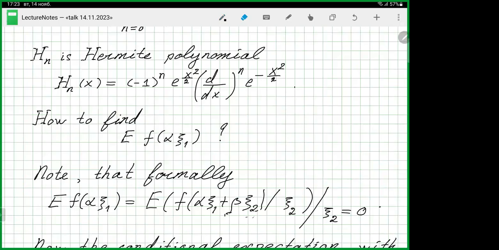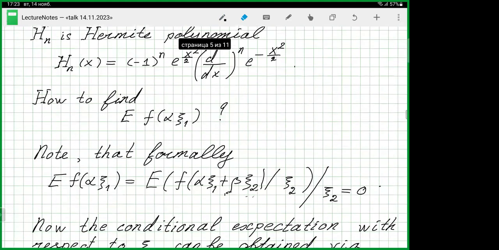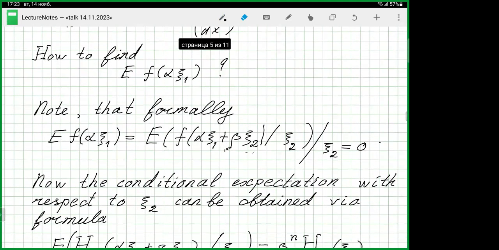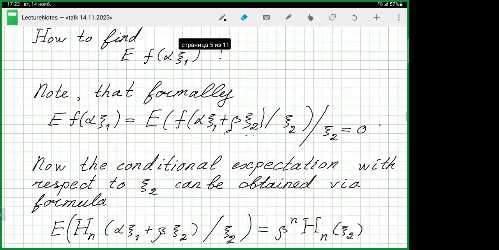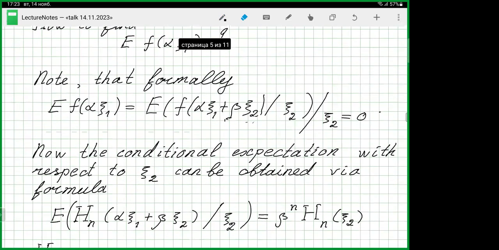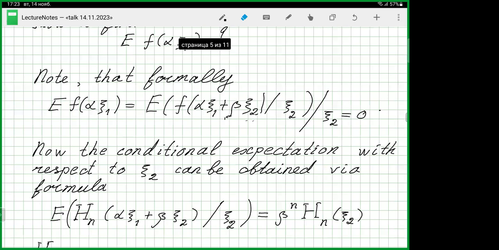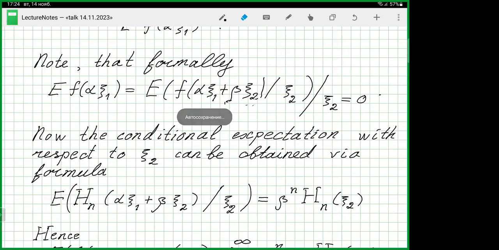But it turns out that the conditional expectation of the Hermite polynomials is calculated very easily. So this is the answer. Suppose that you have a Hermite polynomial of degree n of alpha xi1 plus beta xi2, from standard Gaussian, and you calculate this conditional expectation. The answer is the following: beta to the n multiplied by h_n of xi2.